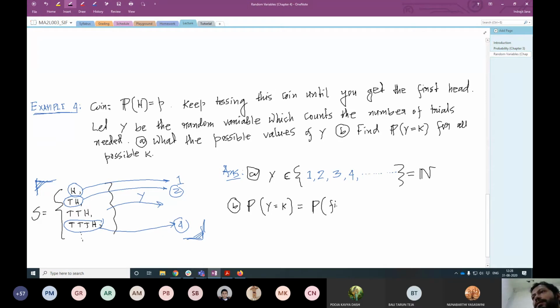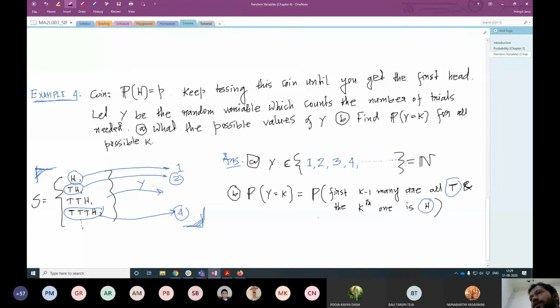So the first K minus 1 many trials are all tails, and the last one, the Kth one, is a head. Okay. So this is what it means by Y equal to K.